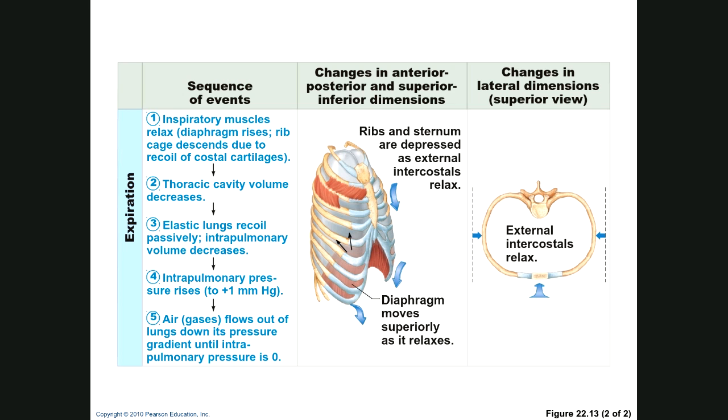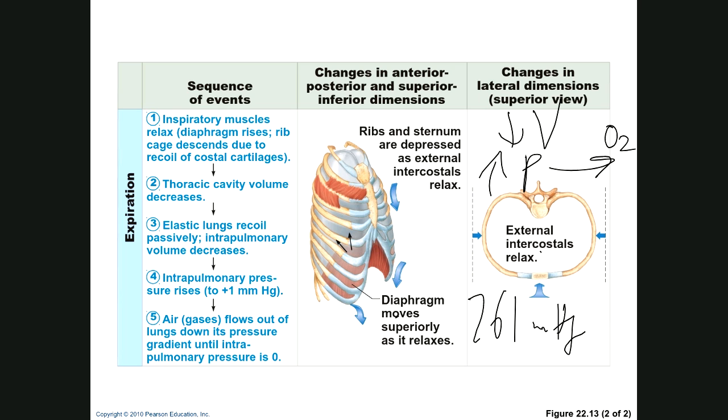So what we're going to do now is relax the external intercostals, relax the diaphragm. So now we're going to lower the volume, which is going to increase the pressure, and air is going to rush out because the pressure outside will be less than the pressure inside. The pressure inside becomes 761 millimeters of mercury, which we're just going to call +1.